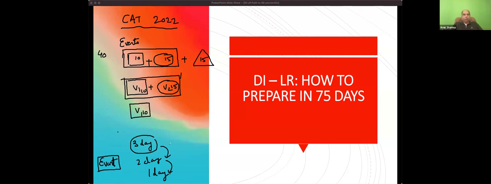So the perception you had to create from this data structure was that first, if somebody is interested in a 3-day event, there'll be a set of people who will be interested in a 3-day event. Then there'll be a set of people who will be interested in a 2-day event. This will include these people. Plus, there'll be a set of exclusive people who are not interested in a 3-day event, but only interested in a 2-day event.